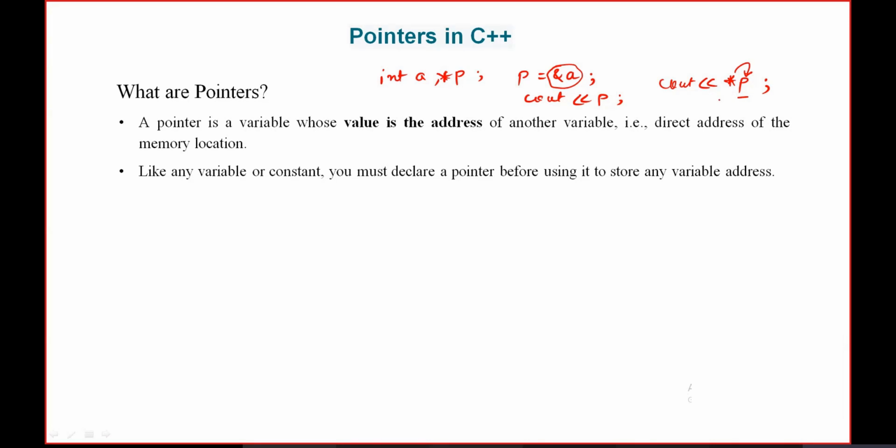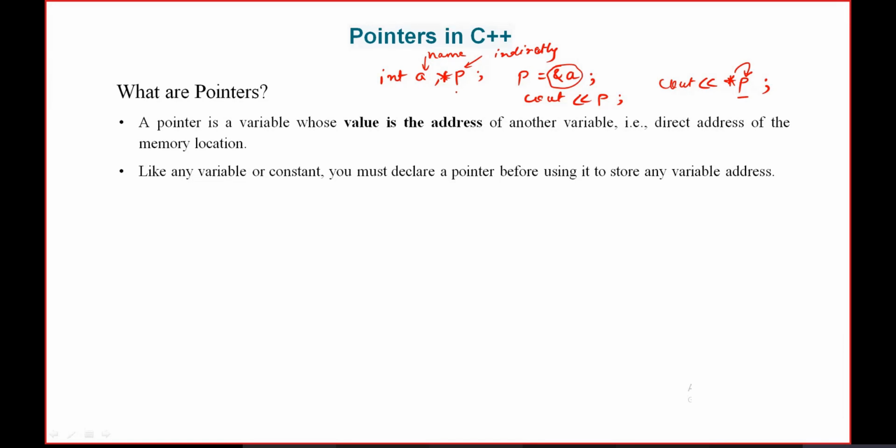If we want to describe pointers, it's an indirect access to the value, right? We are usually accessing the value with the name given to that value, whatever variable names we use for those values. But when we say we are using pointers, we are indirectly trying to access the value, not through the name, but through the address of that value.